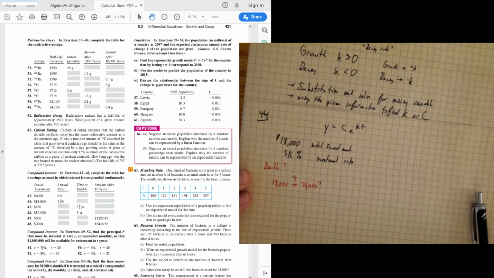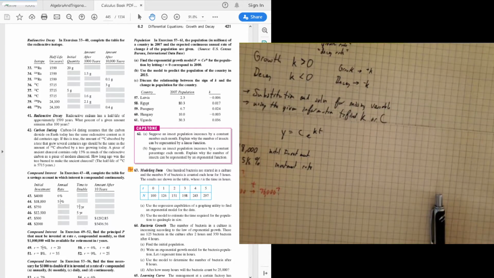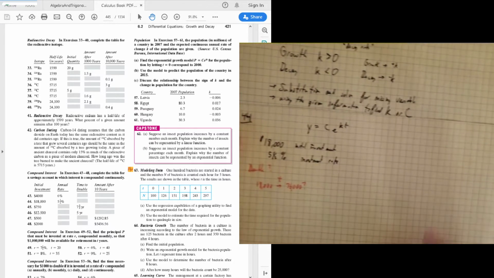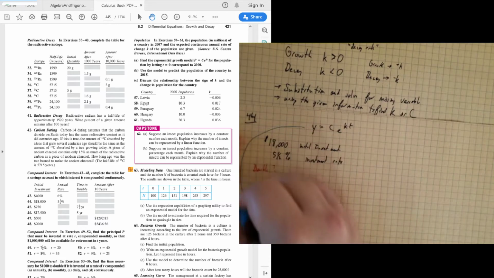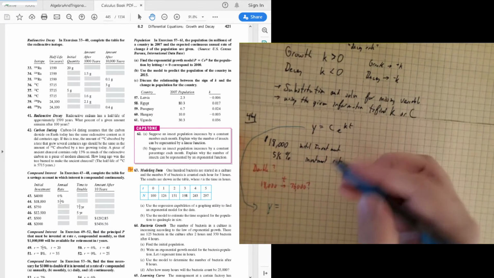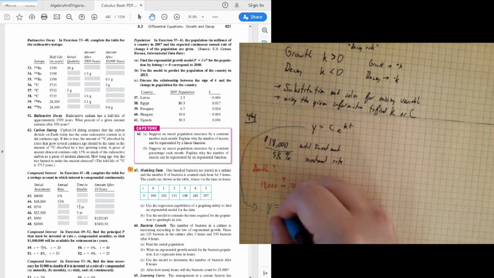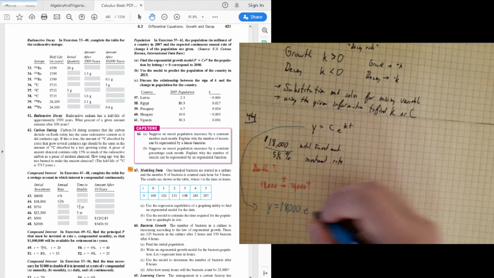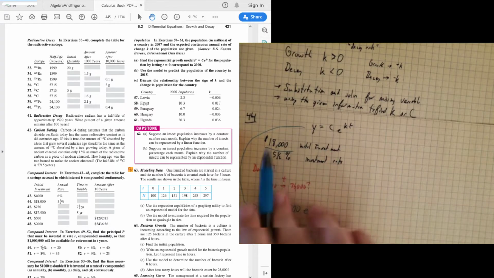So let's do that. I can now start to plug into my formula. So my formula is y equals C e to the kt. C is supposed to be the initial value. The initial value, it says, is 18,000. Now, a few things to note here. K is the interest rate, but this is a percentage.